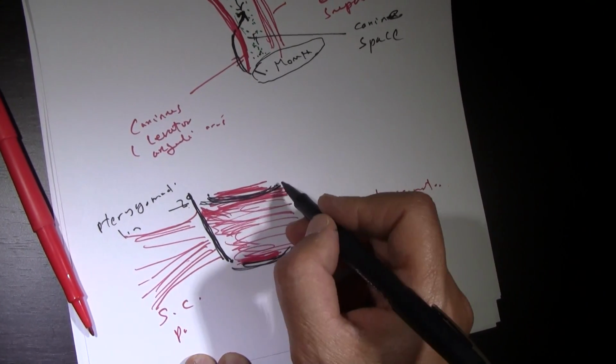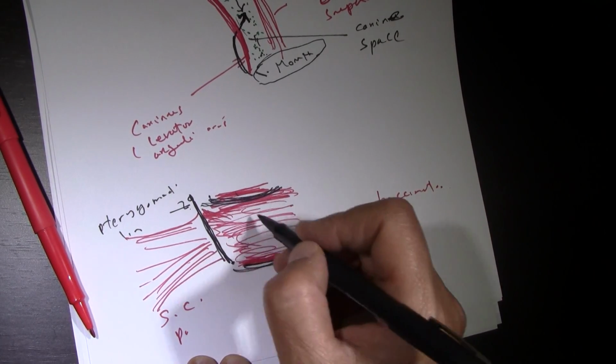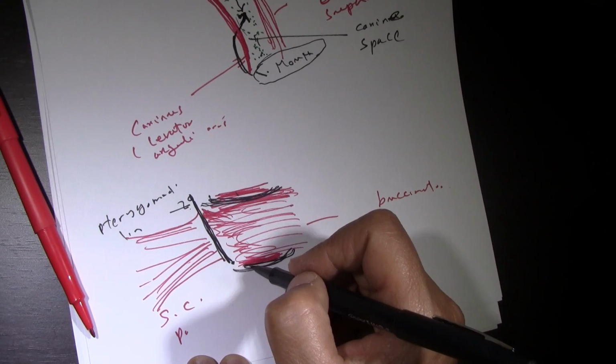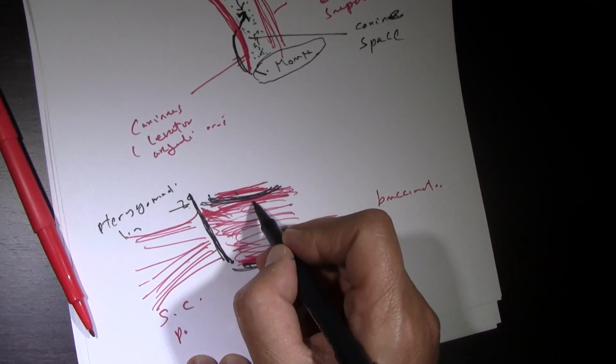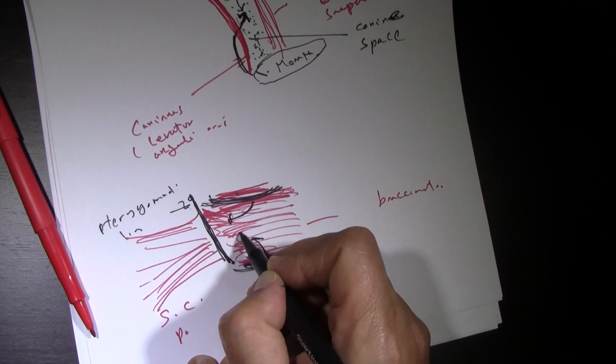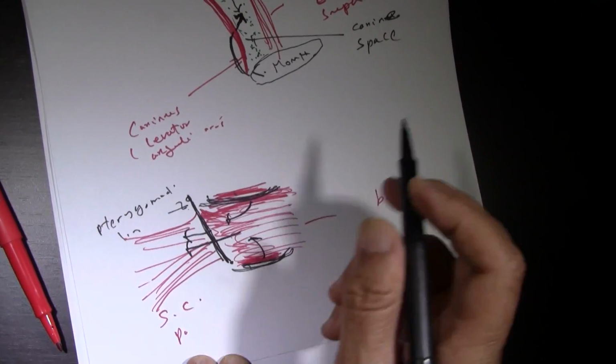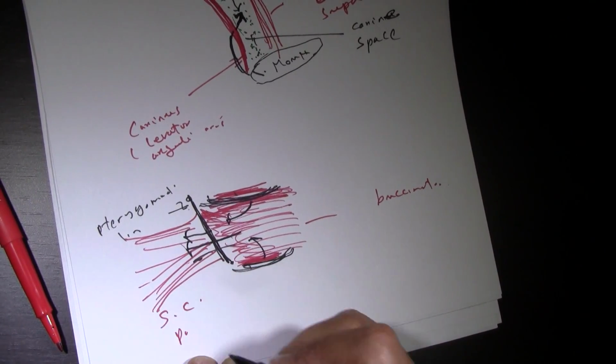So if there is infection in the molar teeth here, in the maxillary teeth, and also mandibular molar, it can spread to this space and go posteriorly to the parapharyngeal space, because here is the constrictor of the pharynx.